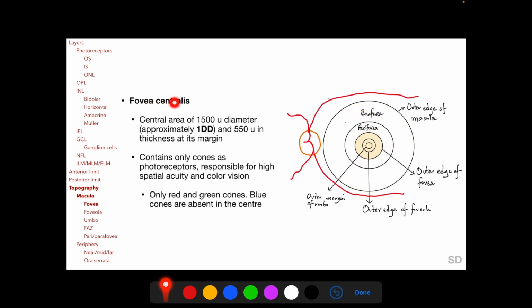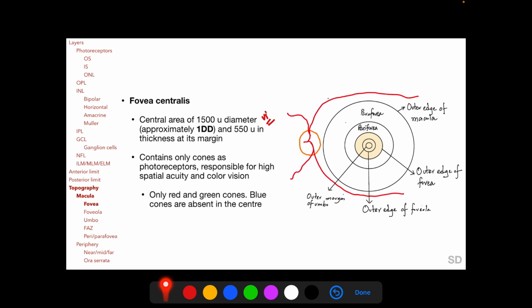The fovea centralis is a central area of 1500 microns diameter, which is approximately the size of the optic disc, and so is said to be 1 disc diameter or 1 dd in size, which is very important to remember. The retina is thickest at the margin of the fovea, where its thickness is around 550 microns.